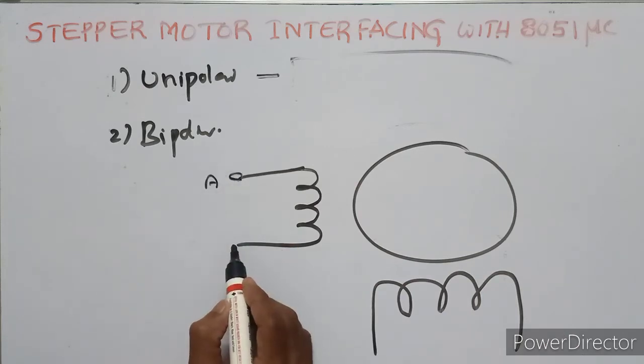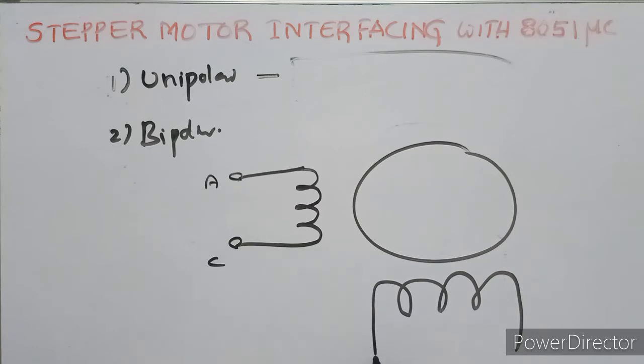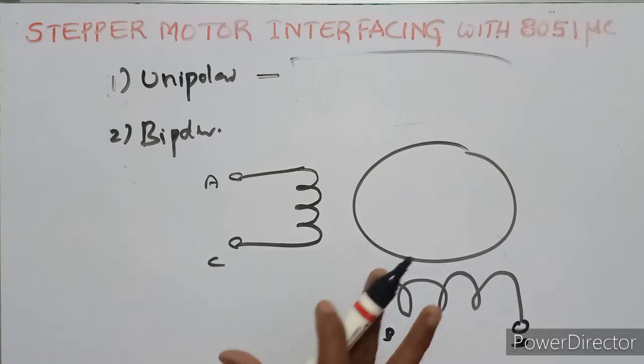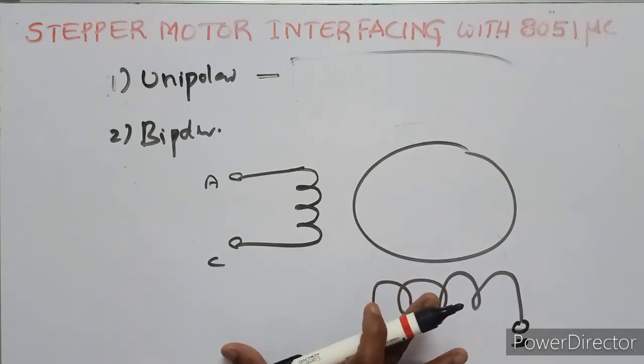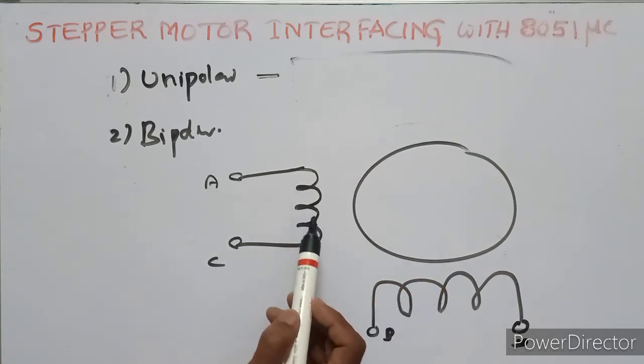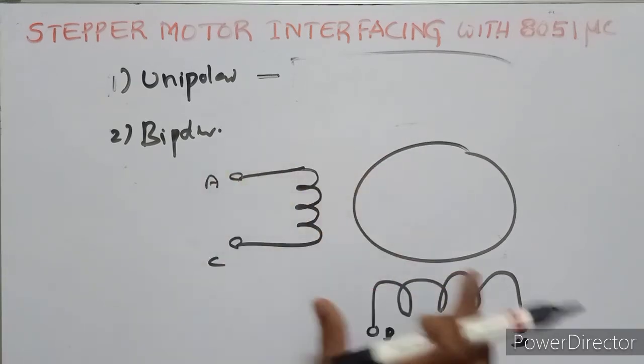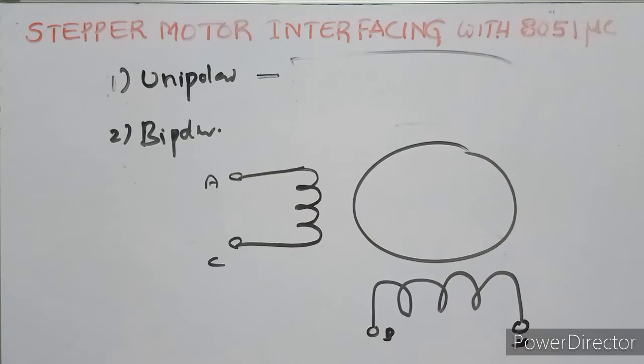This is A, this is C, this is B, this is D. This is the rotor. In a bipolar stepper motor, just 4 wires come out from two sets of coils. There is no common wire here.